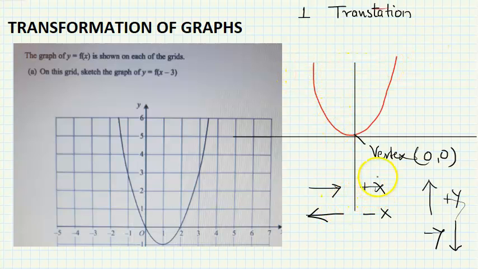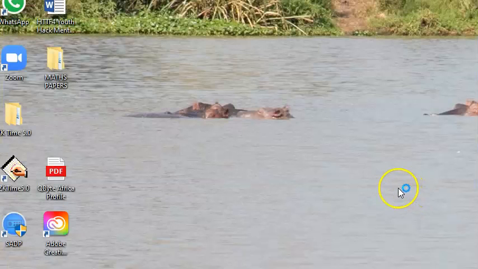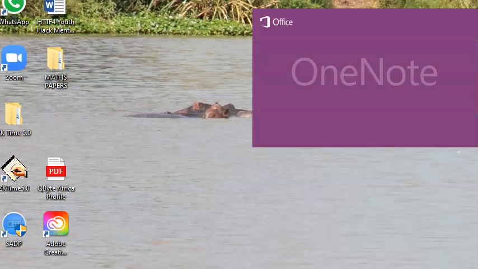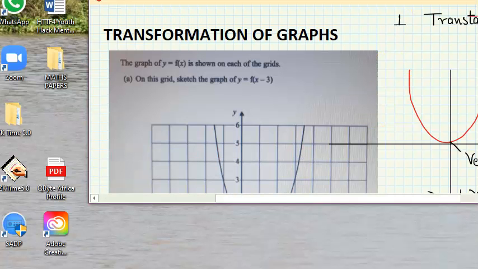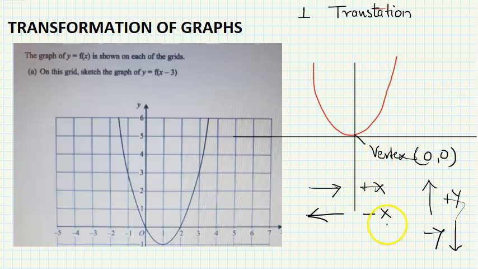So if positive direction of x, this is the first one, this is the second type, this is the third one, and this is the fourth one.